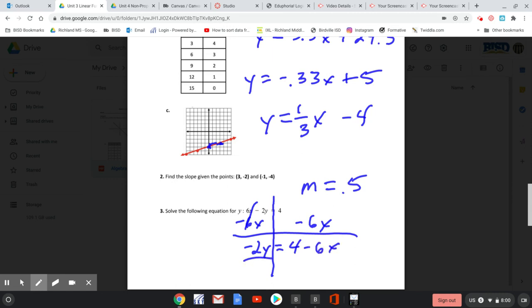We need to divide everything by -2. And we're going to get y equals, because that goes away, 4 divided by -2 is -2. And a negative divided by a negative is a positive, plus 3x.